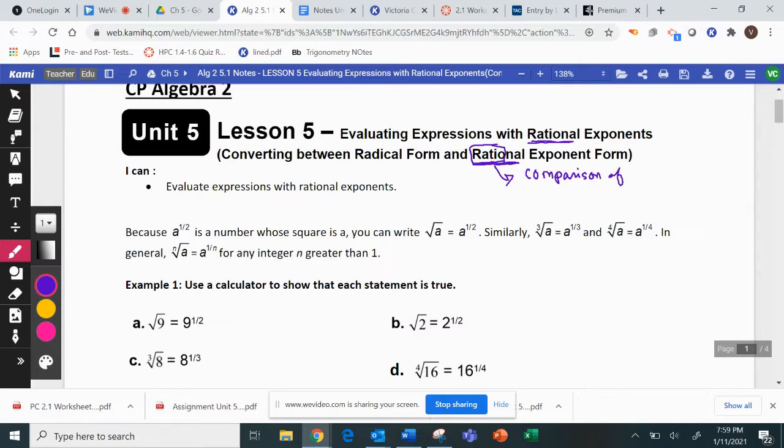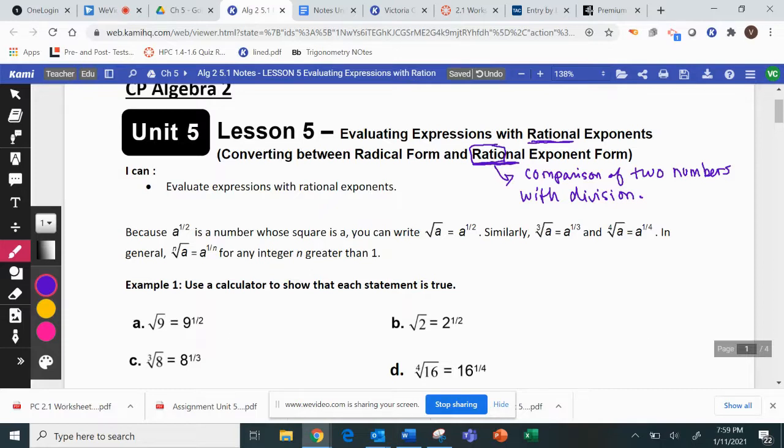of two numbers with division. So if I were to take any two numbers and divide them, that would be a ratio.